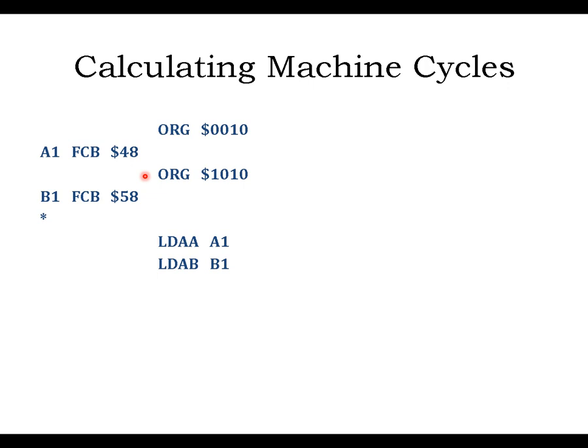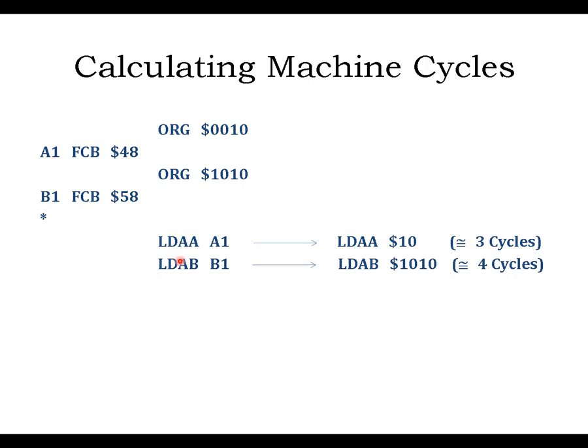I can jump around different locations in the memory map. Now I started in a different location and stored another variable here. As you know from these two lines, A1 and B1 will be replaced by their addresses. We already know about A1, but how about B1? See, the B1 address started from where?